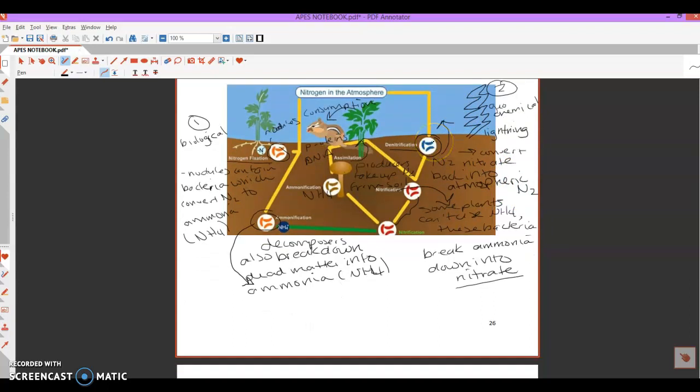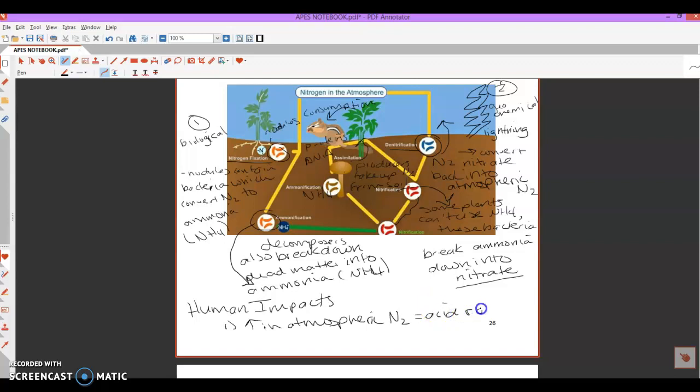All right, so let's look at some human impacts really quickly on the nitrogen cycle. Okay, there are 3. So we're going to see an increase in atmospheric nitrogen causes acid rain.